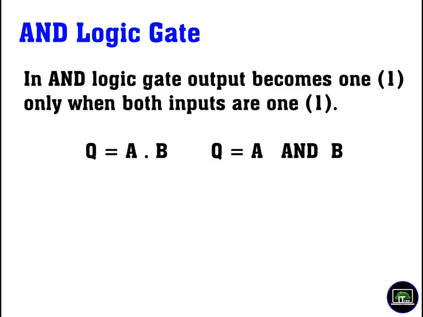You can say, in an AND logic gate, output becomes 1 only when both inputs are 1. These are the standard Boolean expressions we write.